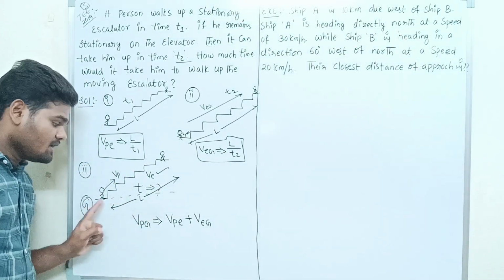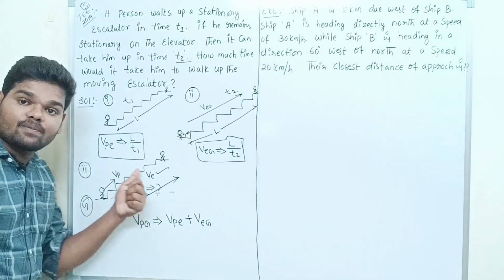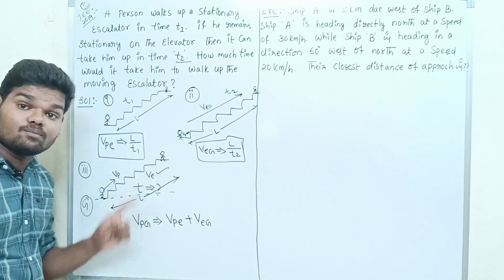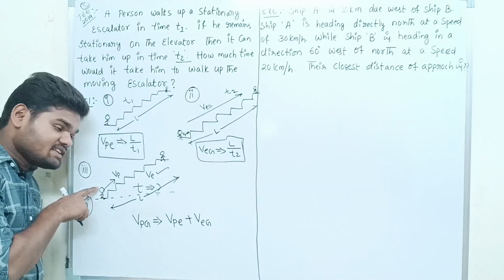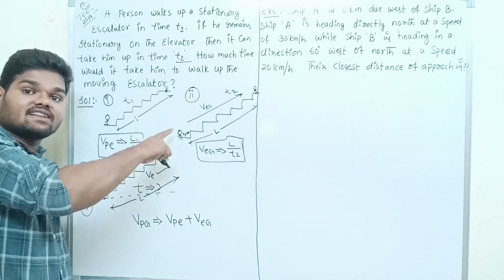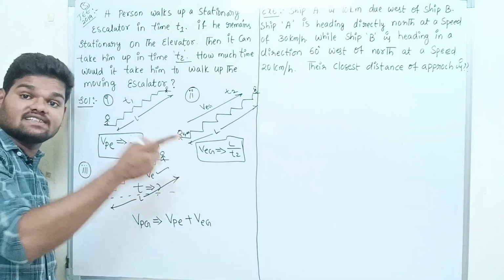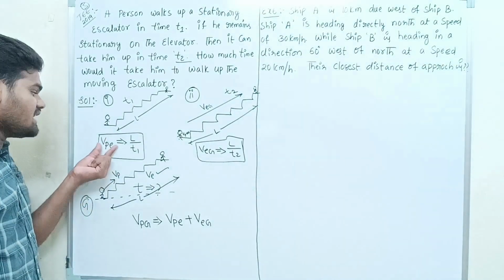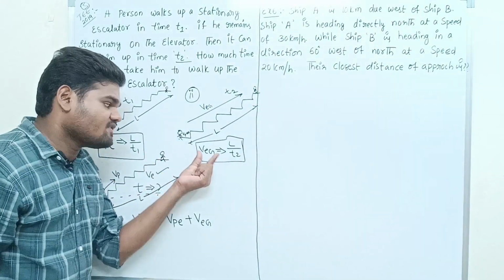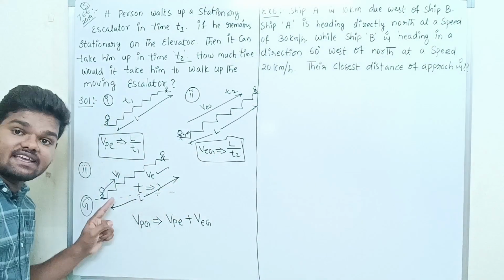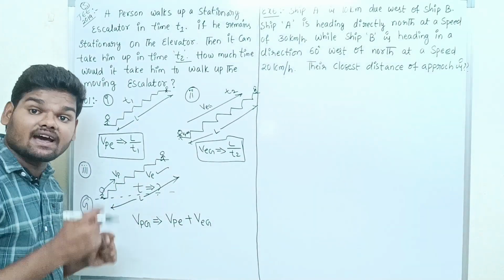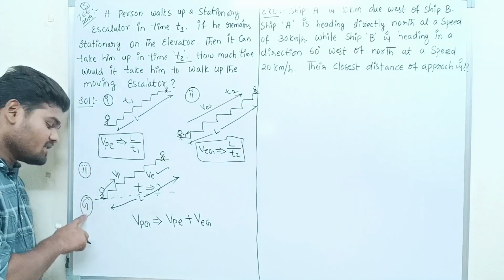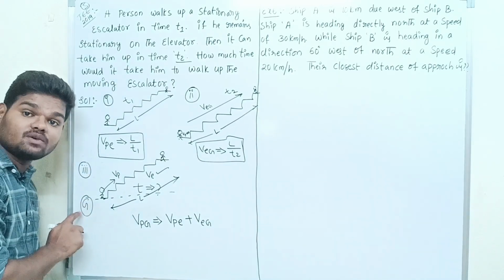Now in the third case, the escalator as well as the person are both moving. They are asking what is the time taken by this person to cover this distance. Here we have the velocity of the person with respect to the escalator and the velocity of the escalator with respect to ground. Both are in motion with respect to ground.